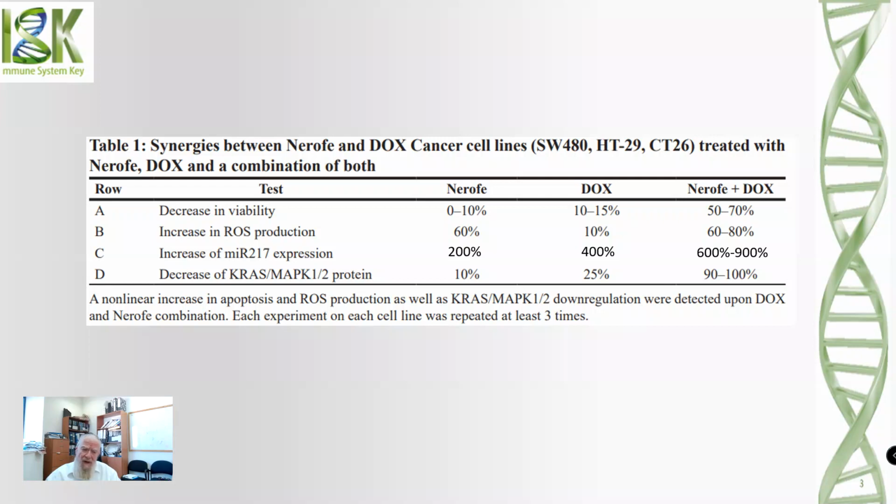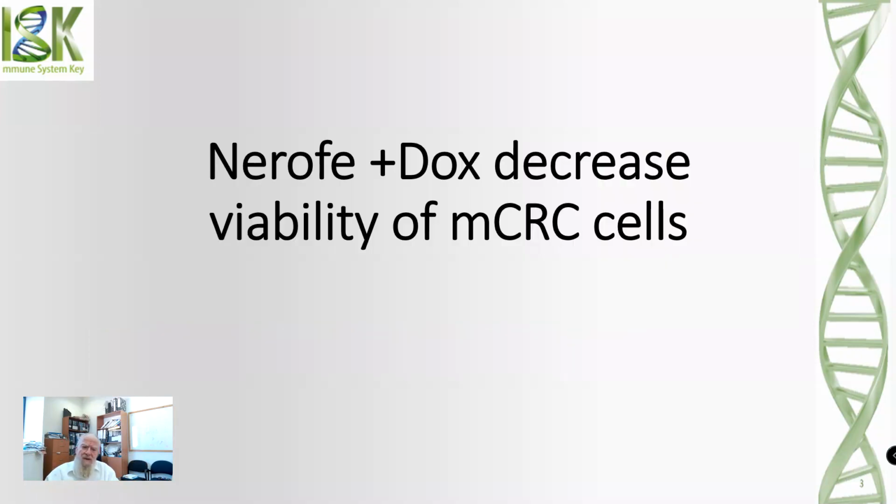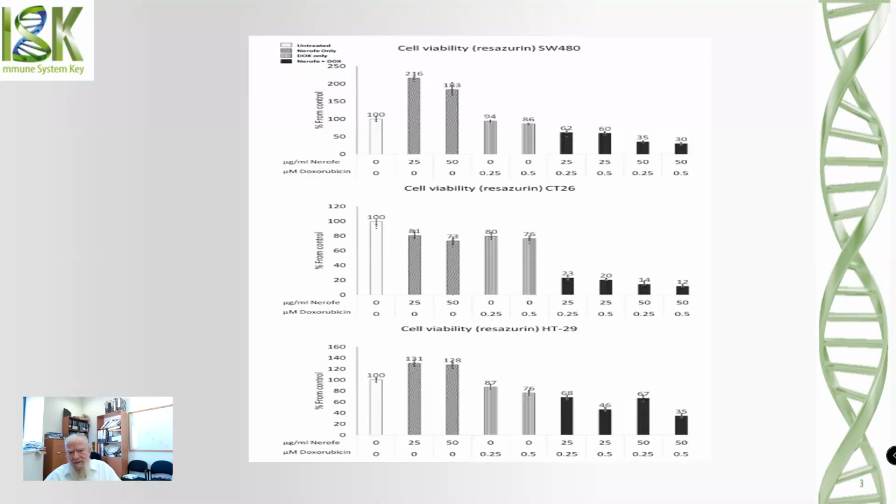If you combine them, again, you can get between 90 to 100%, and we think that the reason for the severe decrease in the expression of KRAS is due to the high expression of Mir-217, which has 2 binding sites in the RNA of KRAS, in the 5' untranslated and 3' untranslated regions. So these are more or less theoretical considerations with some preliminary results.